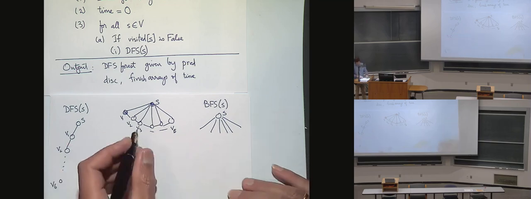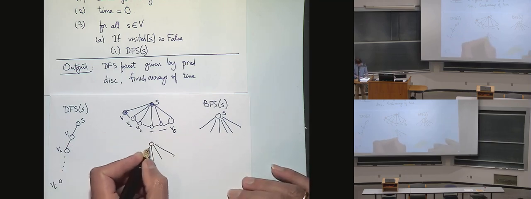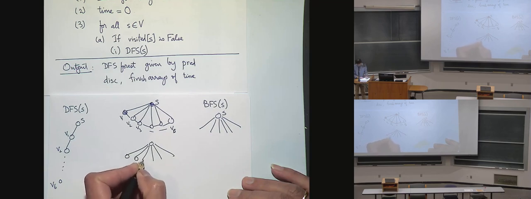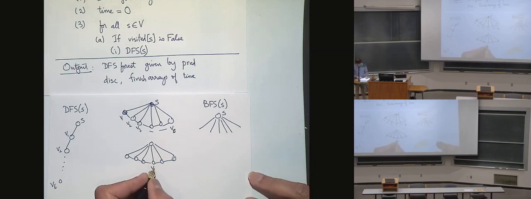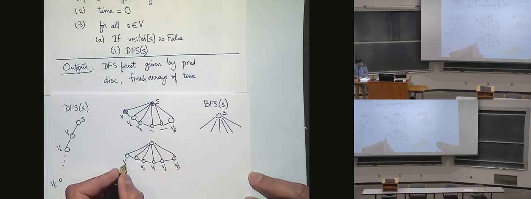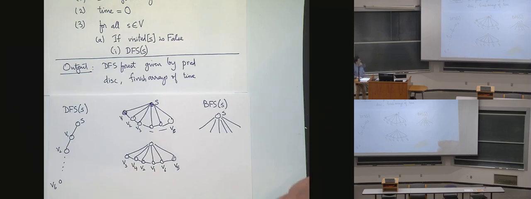So let's just say, for example, I'm numbering these as V1 to V6 by saying that that was the first thing in the neighbor list. So maybe it was V1, V2, V6, V5, V3, V4.